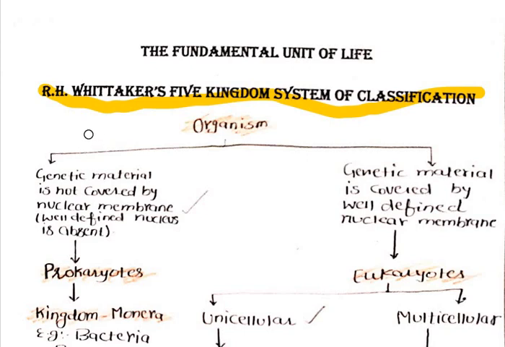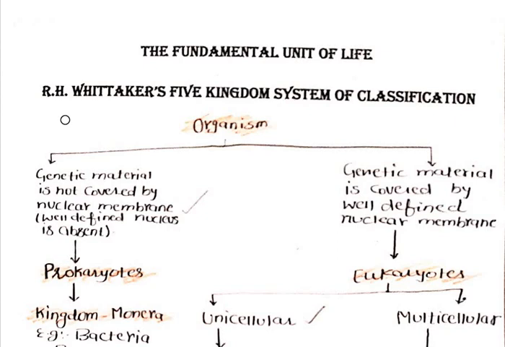Now R.H. Whittaker classified all the living organisms except viruses and lichens. Viruses are the bridge between the living and non-living world, so he could not classify viruses. Lichens are a symbiotic relationship between two organisms, one is a fungus and another is an alga.